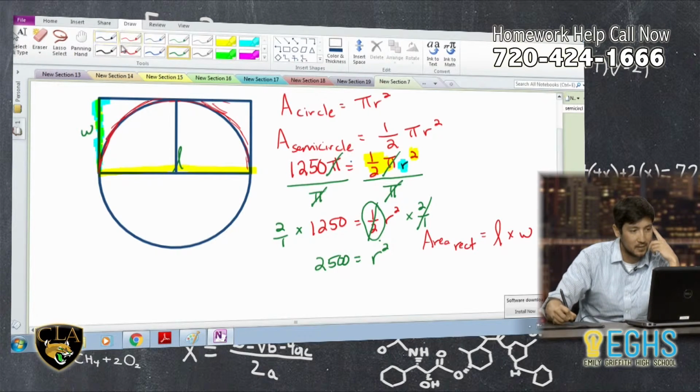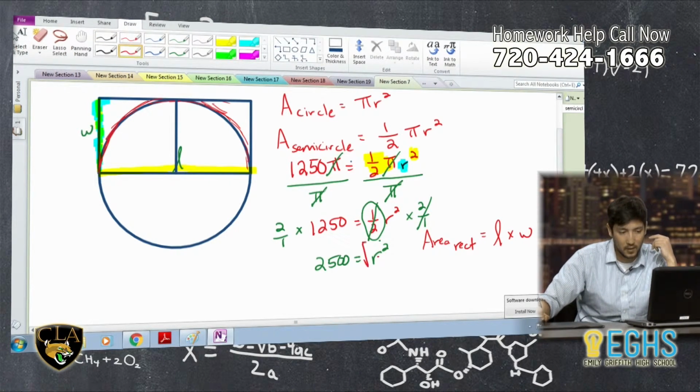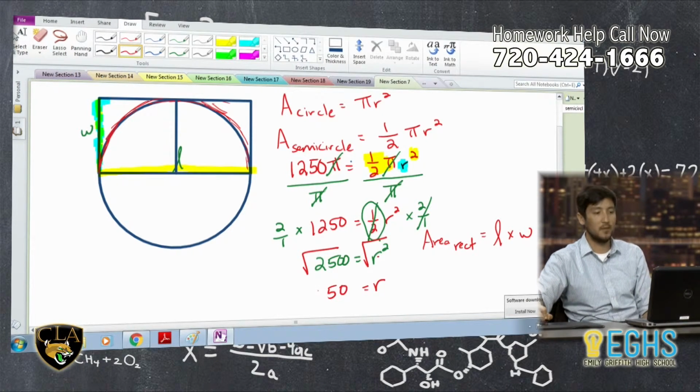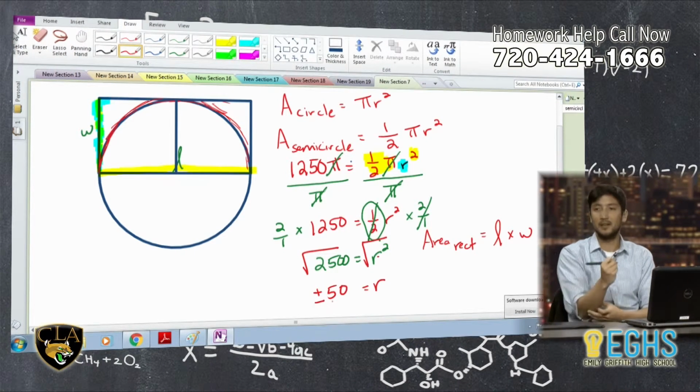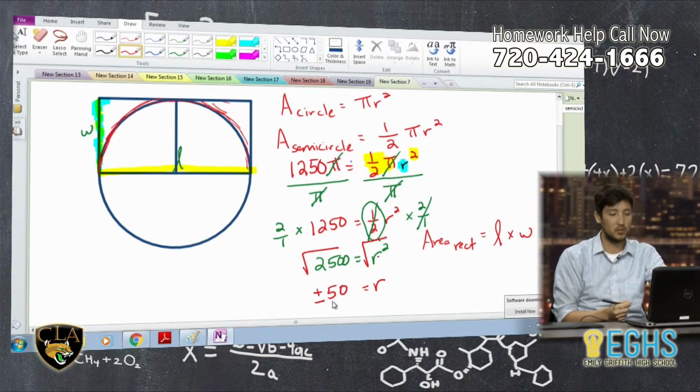And then the last thing you need to do is, because you're solving for the radius, not the radius squared, square root of each side. You get a radius equals 50. And then again, I always like to point out, mathematically it's plus or minus 50, but we're talking about a radius. You cannot have a negative radius in a circle, so the negative is irrelevant.